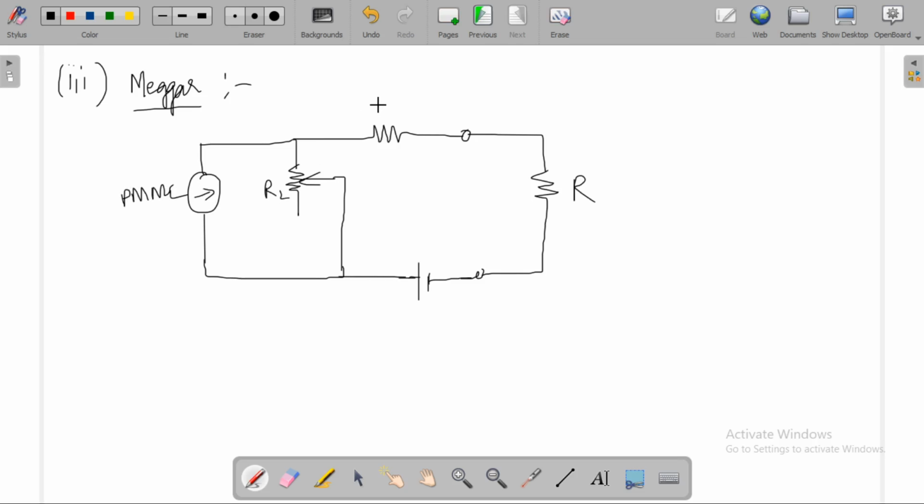Here this is R1, and R2 is the regulating resistance. Here what we do is, instead of using this battery, we use a hand driven DC generator.